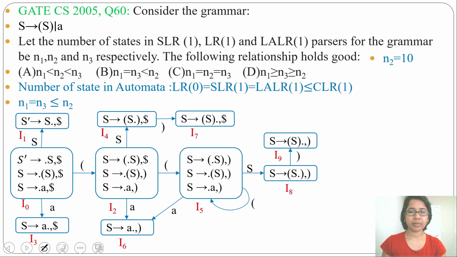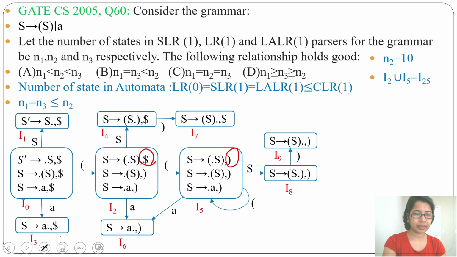Then what will be the number of states for the LALR1 automata? Let me first check which states can be merged. I2 state and I5 state can be merged. Here both are the same, only this look ahead is different. Rest all productions are the same, so I2, I5 can merge.